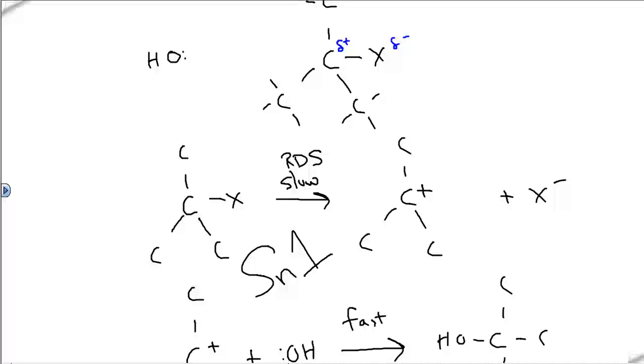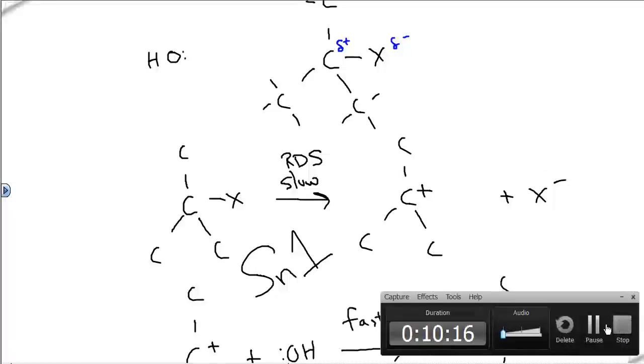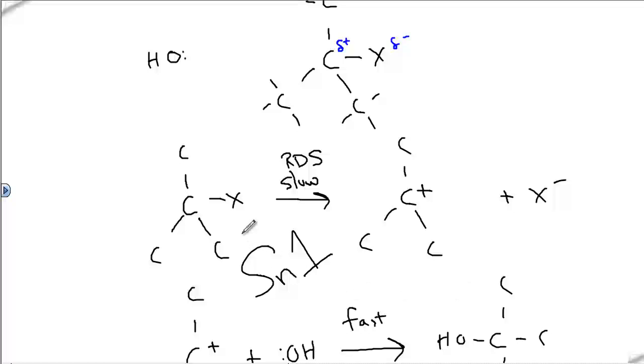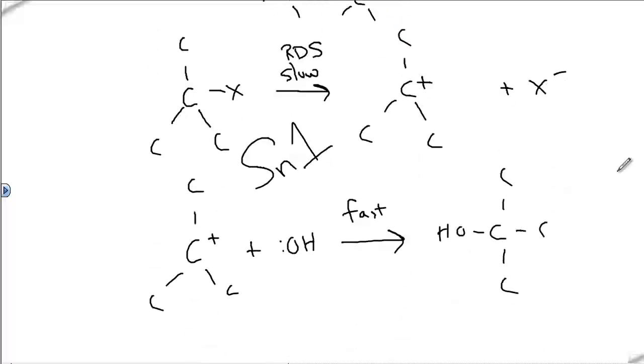Another point I should make, let me check my time here. I got a little bit of time left. Another point is that carbocation formation here, even though it doesn't want that to occur, this positive charge can be more effectively absorbed, because there are more carbons around to distribute that over.